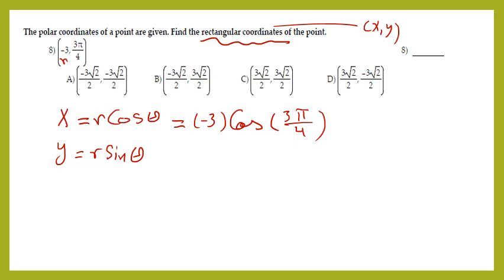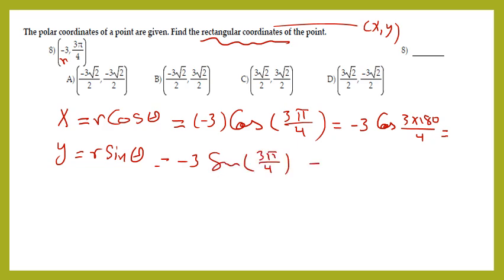If you are using degrees, you should change pi to 180, so 3 times 180 over 4, by using your calculator. And y is negative 3 sine 3 pi over 4.